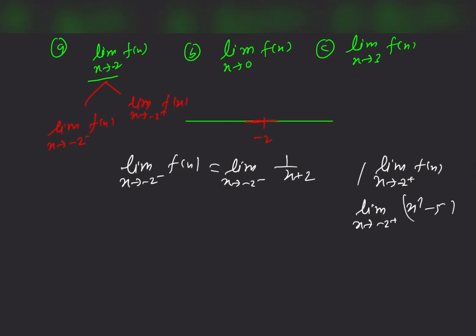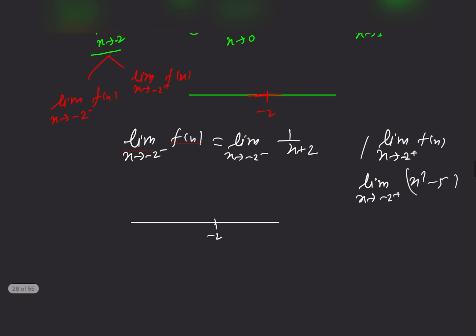Now I'll explain how to simplify this limit. So basically we have this, and here we have minus 2. If you take any number less than minus 2, how can we write it down? We have to take a number which is very close to minus 2, on the left side of negative 2. So I am taking an arbitrary small number h, and this is positive.